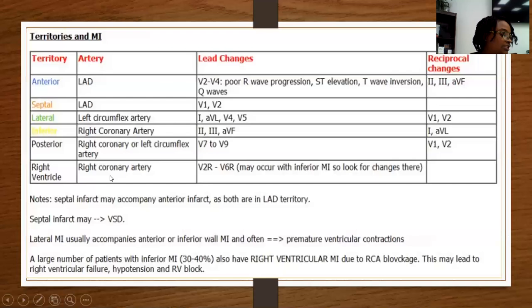For example, if there's T wave inversion with your anterior MI, then if you have a posterior MI, your T wave is going to be upright. As well, if you have ST elevation with the anterior, in the posterior you'll see ST depression. Okay, and again, you can see another illustration of that on page 318 of your text.